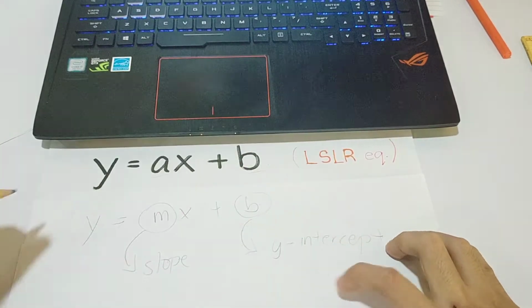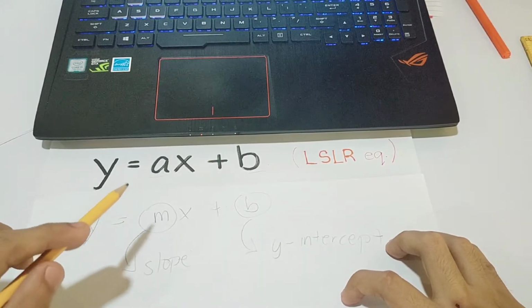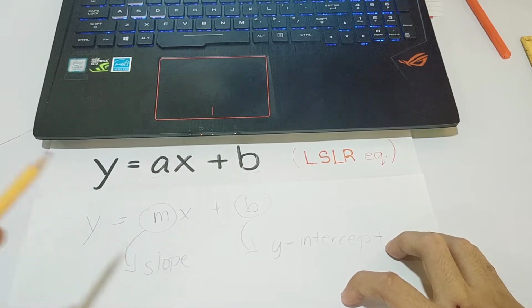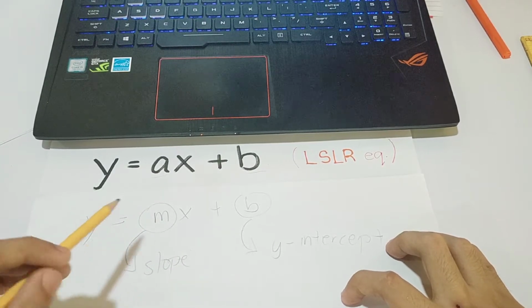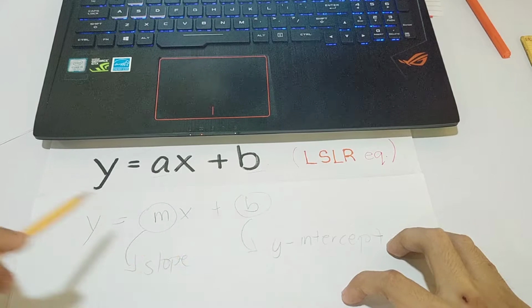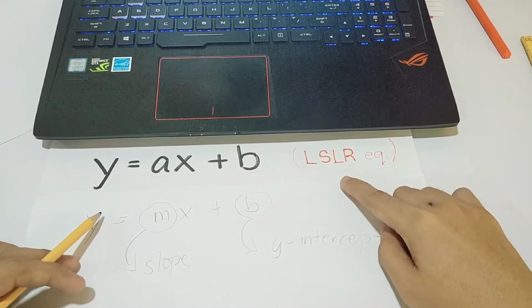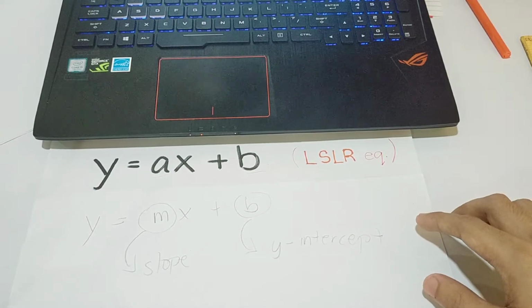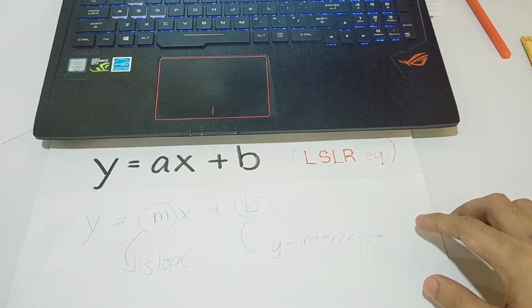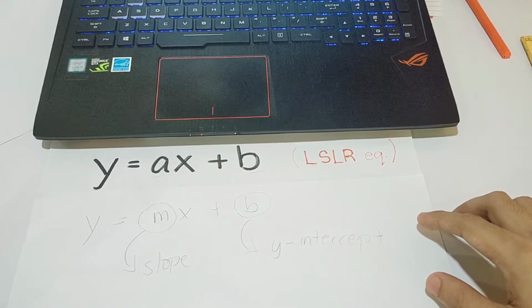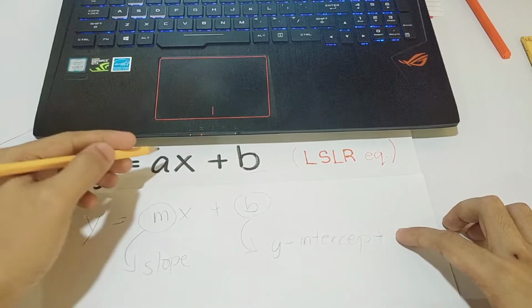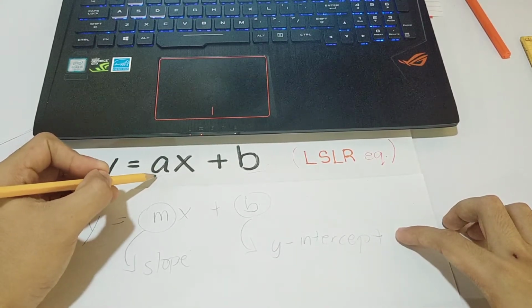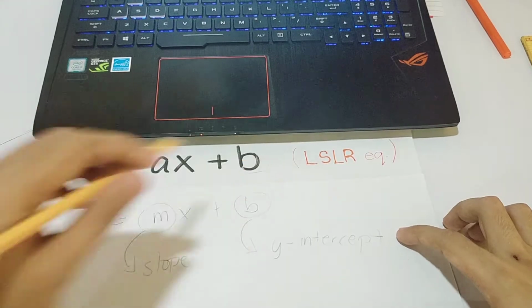Basically, y equals ax plus b is equivalent to y equals mx plus b. This is the least square linear regression equation. For us to find the equation of a linear regression line, we need to calculate these two coefficients. We need to find the value of a and the value of b.